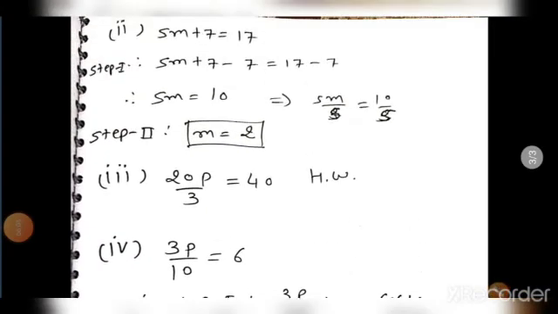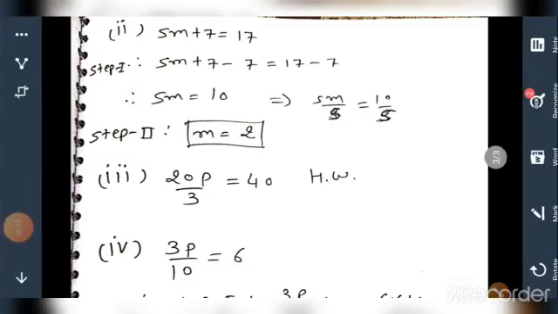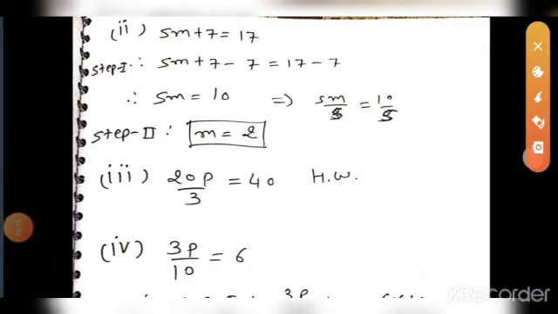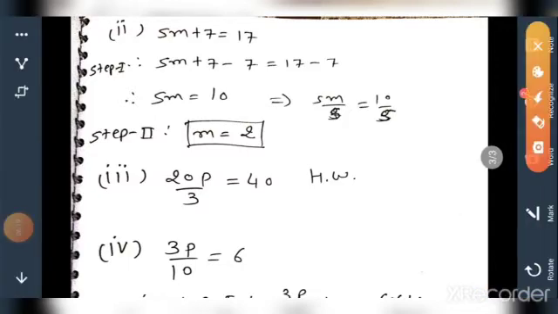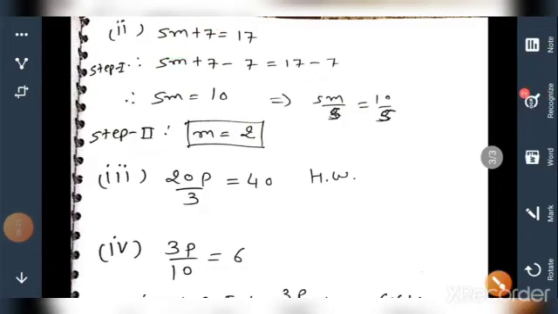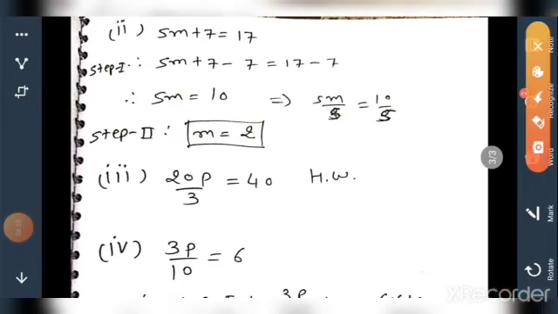After that, the next question is 5m plus 7 is equal to 17. In 5m plus 7 is equal to 17, I just subtract 7 from both sides of the equation.